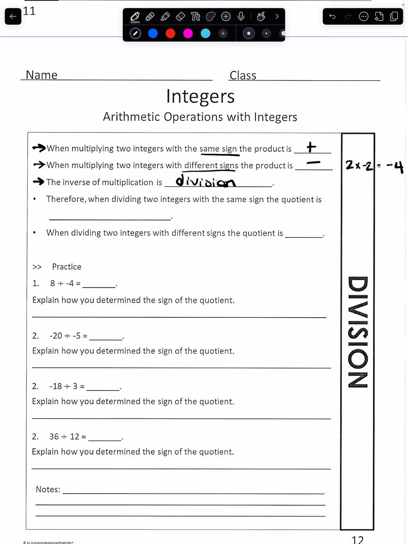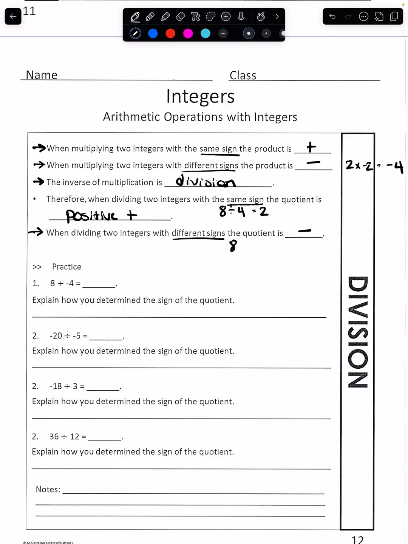Therefore, when dividing two numbers with the same sign, you are going to get a positive number. So for example, if I have 8 divided by 4, you'll get a +2. However, when dividing integers with different signs, you'll get a negative answer.